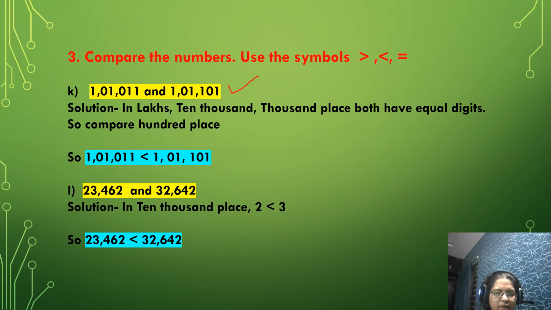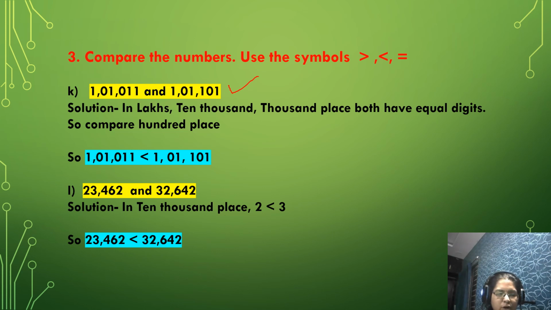In the second number, in the lakh place, digit 1 is there. Both are equal. So we move to the 10,000s place. In the first number, 0 is there. In the second number, in the 10,000s place, digit 0 is there. So both are equal. So we move to the thousand place. In the first number the thousand place digit is 1. In the second number the thousand place digit is 1. Both are equal, 1 and 1.